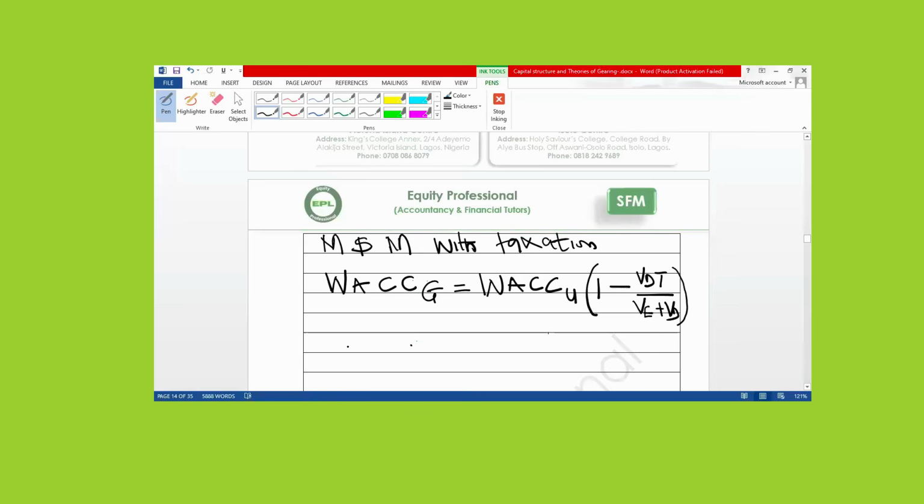You also recall value of a geared company is equal to value of ungeared plus debt multiplied by the tax rate.